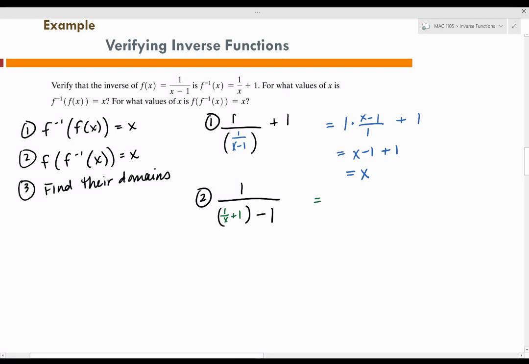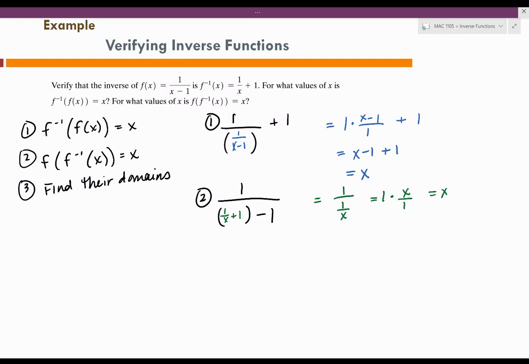In that denominator, I have 1 over x plus 1 minus 1. The 1's are going to cancel, so it's going to give me 1 over x. Instead of dividing by a fraction, I can multiply by the reciprocal. X divided by 1 is just x, and then times 1 is x. So both of those compositions came out to be x. So they are inverses. They satisfied both of those conditions that we needed.